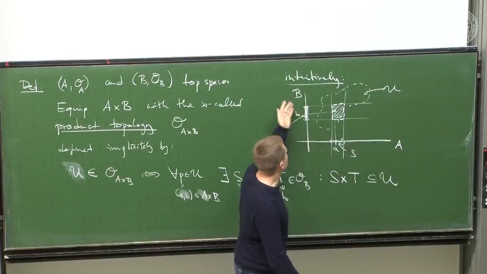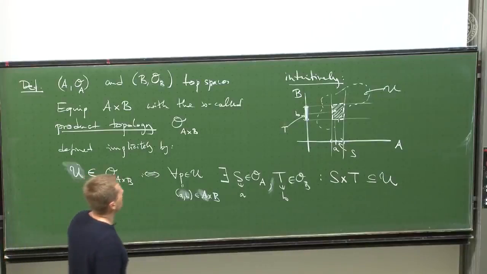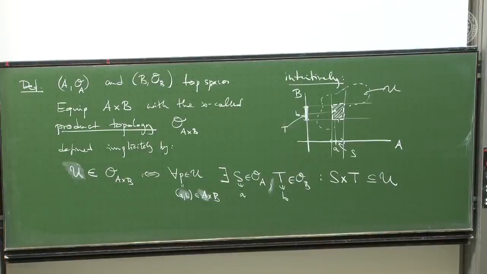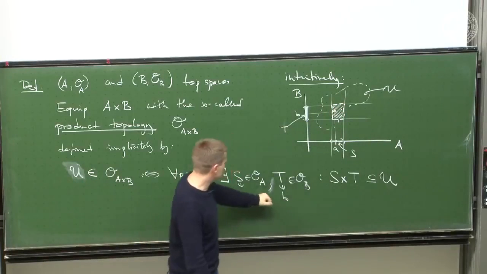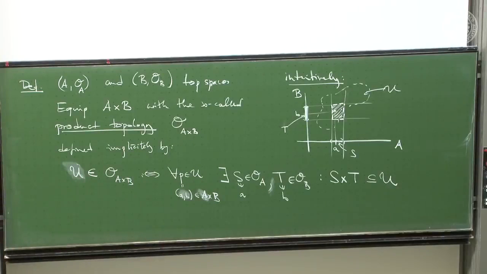It depends on what topology on A and B you have, whether a set in the Cartesian product of A and B is open or not. I mean, this is very intuitively inspired by the standard topology, by A and B being the real lines in standard topology, but this is the picture to remember if you want to write down this general definition.